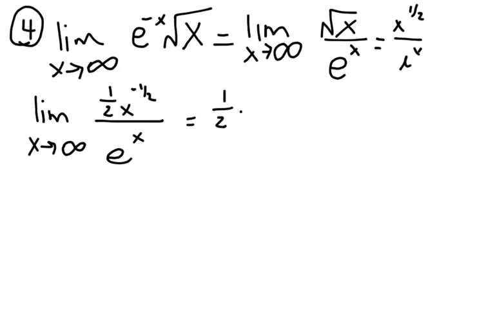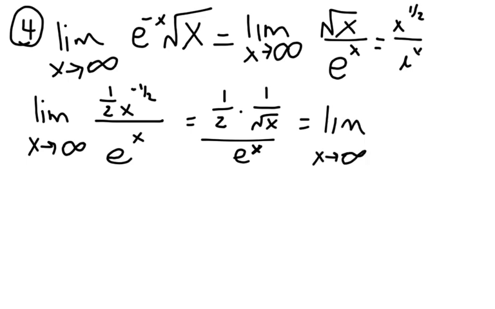1/2 times, that negative exponent means 1 over the square root of x, over e to the x. Which means that this is the limit as x approaches infinity of 1 over 2 square roots of x, multiplied by the reciprocal of e to the x, 1 over e to the x.